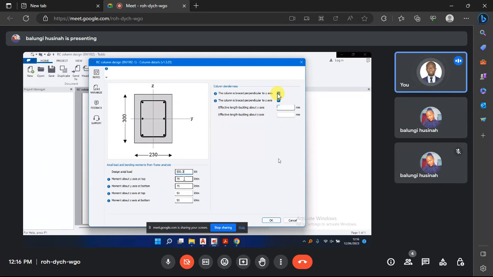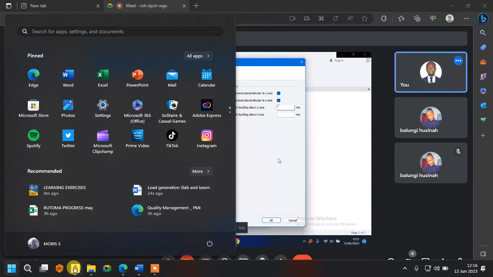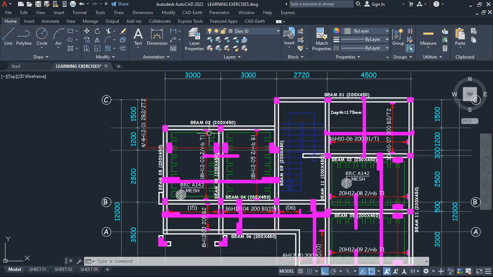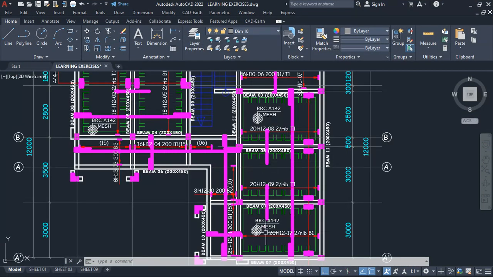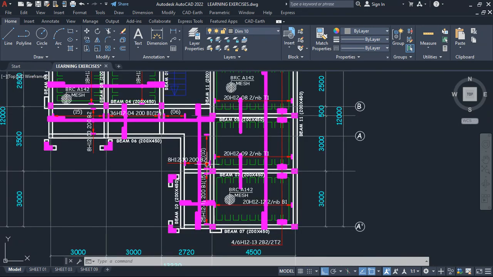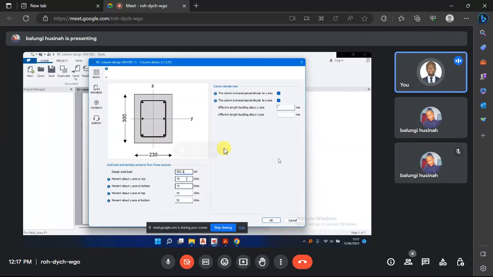Remember when I raised one frame, according to our spans, this side had equal spans, 3 meters in one direction. So we assume that the moments in this direction are cancelling out because the spans are equal. So we considered one direction.